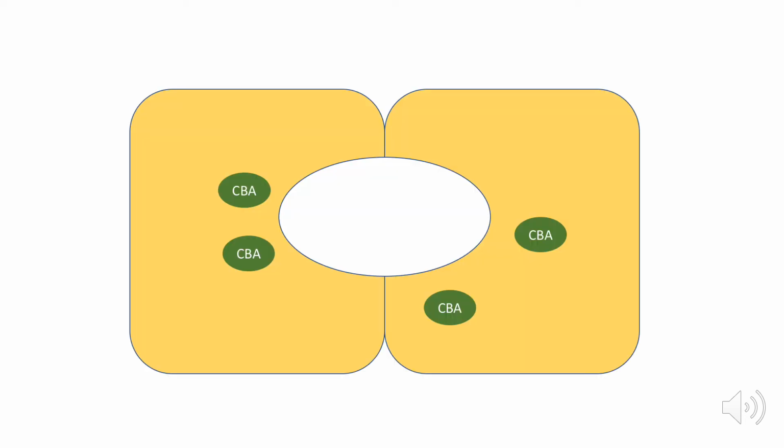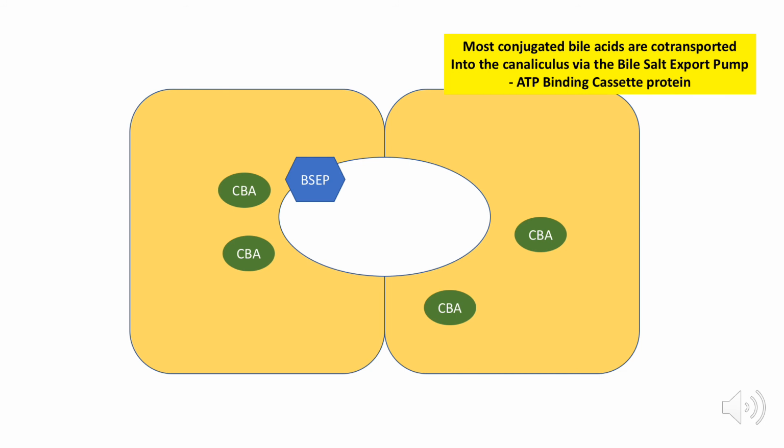So most of the conjugated bile acids are co-transported into the canaliculus via what's called the bile salt export pump, or BSEP. And this is an ATP binding cassette protein, or ABC transporter, that you should have heard about before. So using ATP, it will move the conjugated bile acid against its concentration gradient into the canaliculus, as you can see.